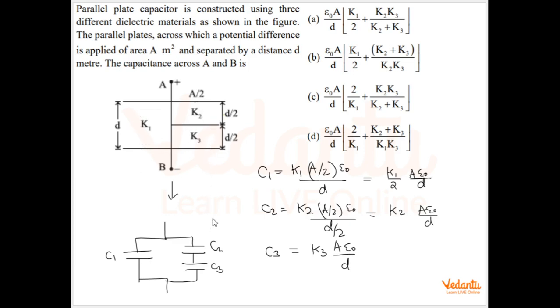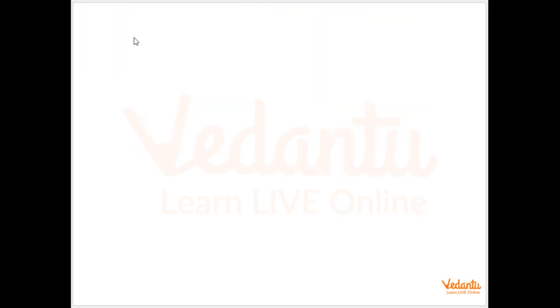Now in this case my dear bacha log, I will have to calculate the equivalent capacitance. So I will go to the next slide and I will draw the circuit diagram once again. And let's understand this. C1, C2, C3.